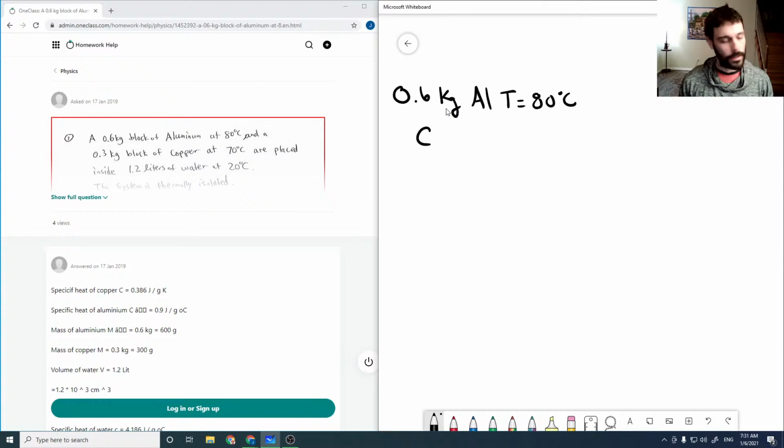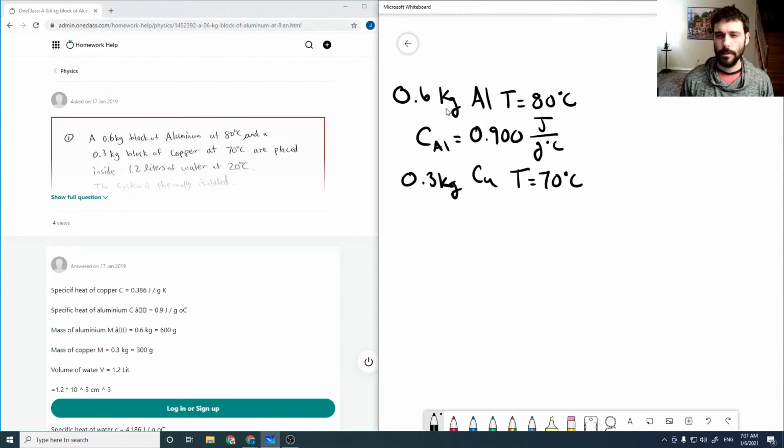Also, our heat capacity for aluminum is going to be 0.900 joules per gram degrees Celsius. We've got 0.3 kilograms of copper at a temperature of 70 degrees Celsius, and our heat capacity for copper is 0.385 joules per gram degrees Celsius.